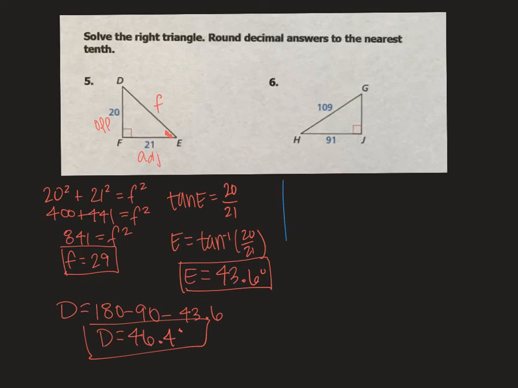So in number 6, 109 is my hypotenuse, 91 is a leg, so I have to solve for the other leg. So since that side is across from angle H, I'm just going to call that side H. So H squared plus 91 squared equals 109 squared.